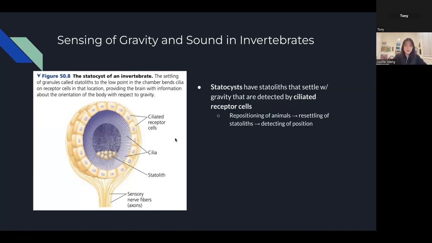When the animal repositions or moves around, the statoliths will also move around with the help of gravity. That will move the cilia, which will affect the ciliated receptor cells, and then they will send information to the sensory nerve fibers, and that will go to their nervous system. So this helps the animals detect position.